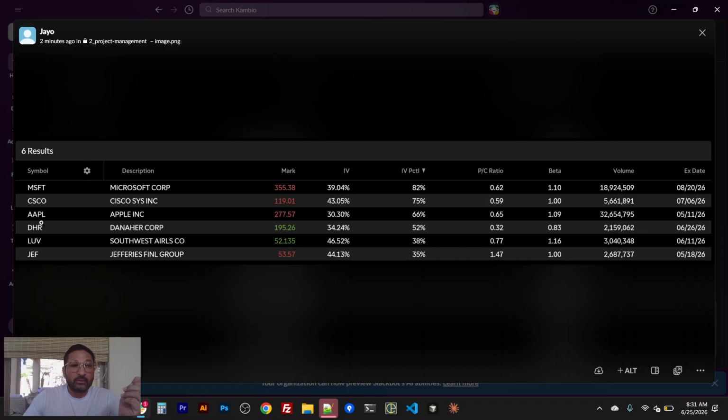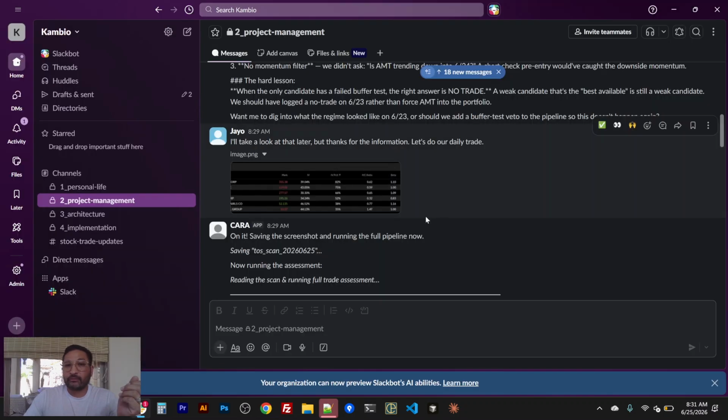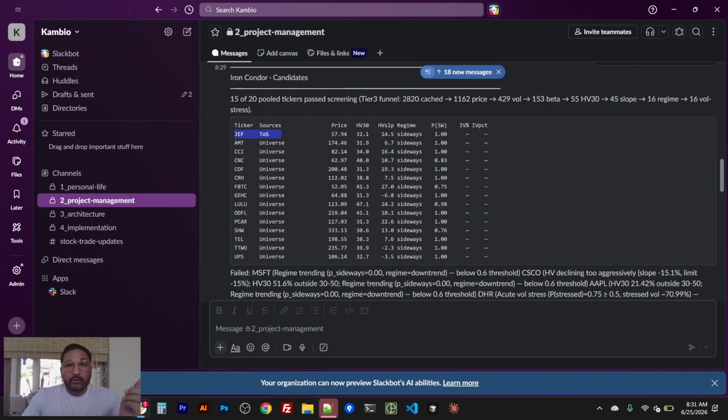So that's going to be JEF, Jeffries. But the rest of them came from our tickerverse, and they all say their regime. So this is the HMM model, sideways. That's a volatility thing. This is historical volatility at a 30-day snapshot, and then this is historical volatility slope, from that 30 days to recently.